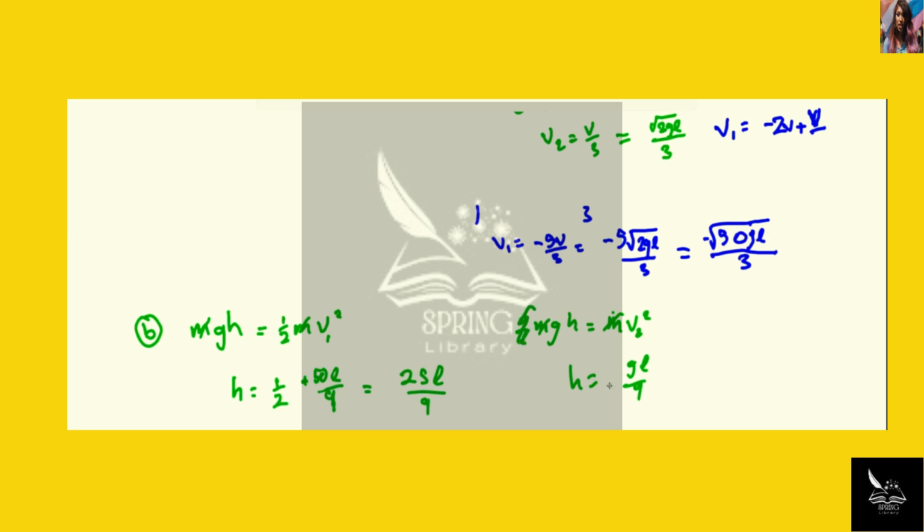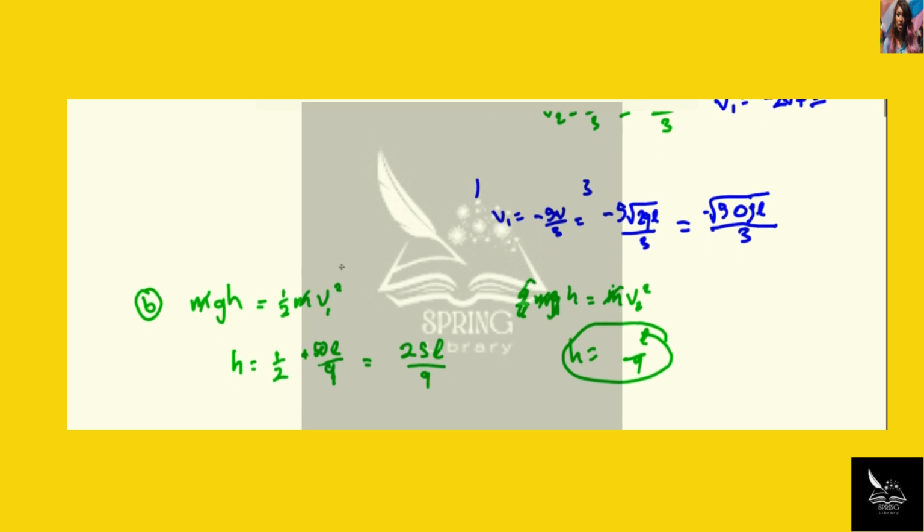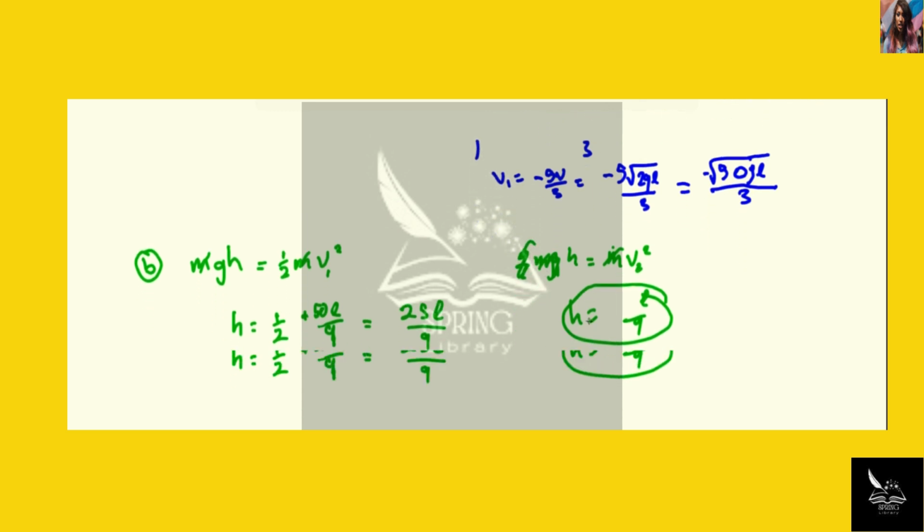That 1/2 is going to cancel with the 2. The g's are going to cancel. We'll just end up with L over 9. And there you go. So the height for the larger mass is going to be L over 9. The height for the smaller mass is 25L over 9, above that starting position.